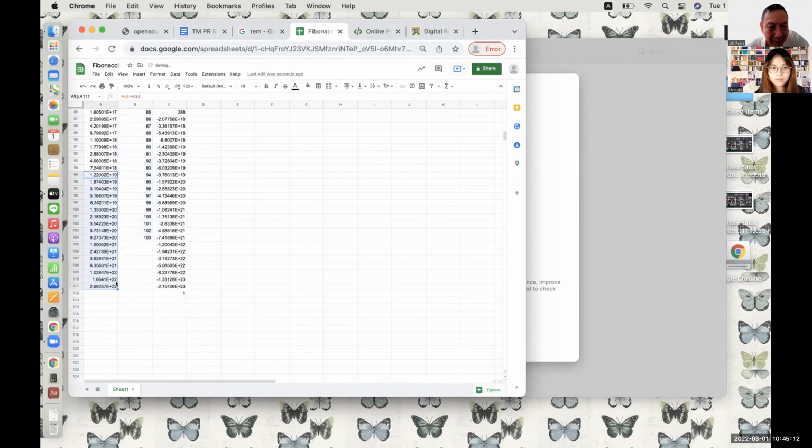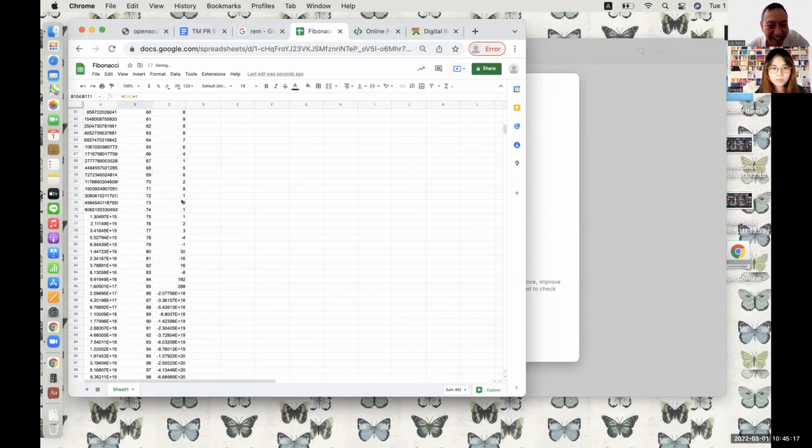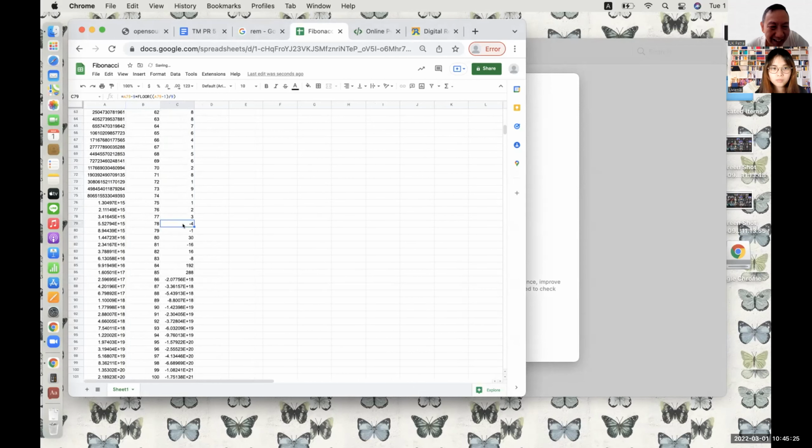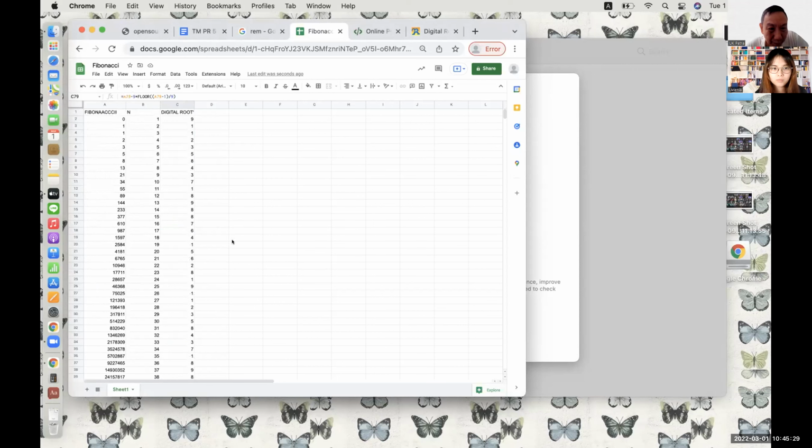Can you check the pattern there? What happened? The digital root is also negative. Yeah.